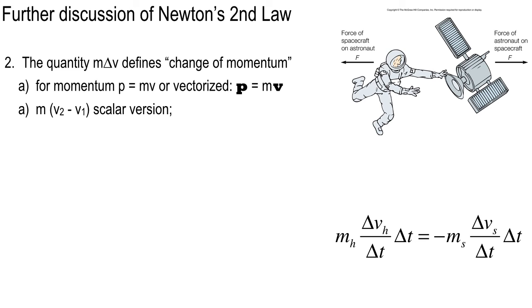Customary symbol for momentum is P, and the formula is simply m times V. You can have a scalar version or a vector version. Delta P would be m times V2 minus V1, because that's what delta V is. Scalar, and then the full vector version would be vector V2 minus vector V1 times m, the mass of the object that you're working with.